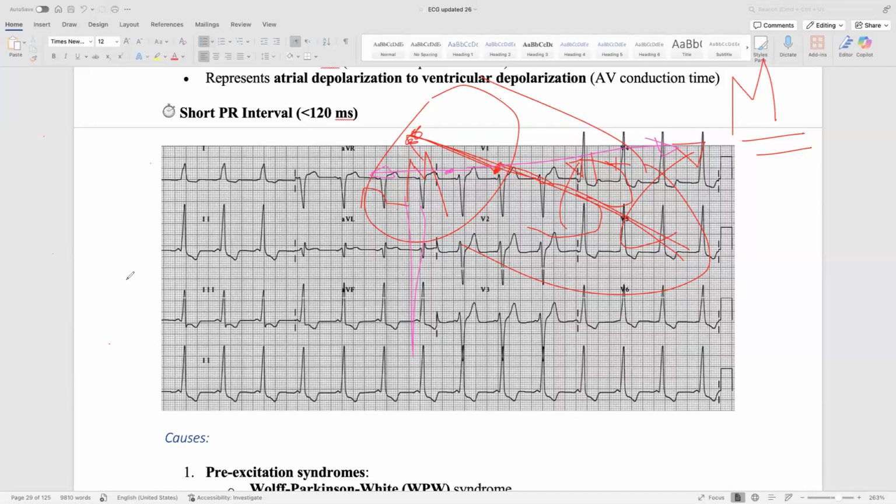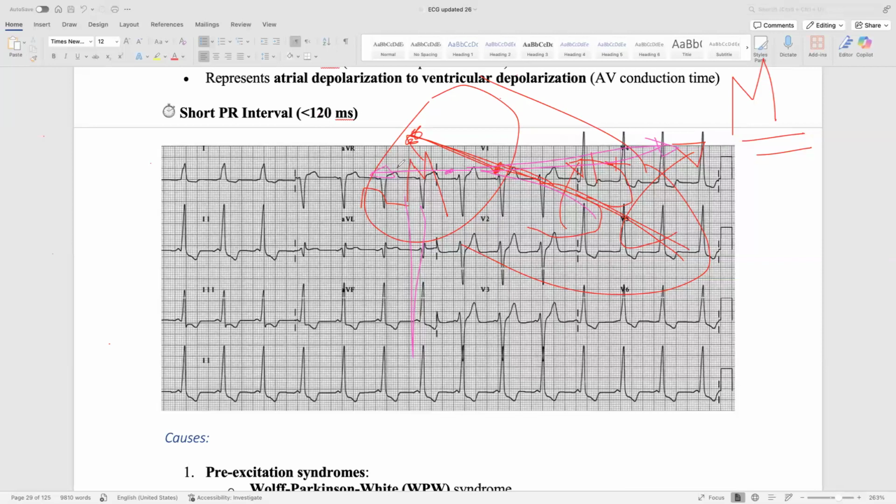If the axis is going this way, here will be positive, because your direction is reversed. Instead of going from right to left, it goes from left to right, because the right is blocked. V1 will be positive. That is why V1 is positive in right axis deviation.